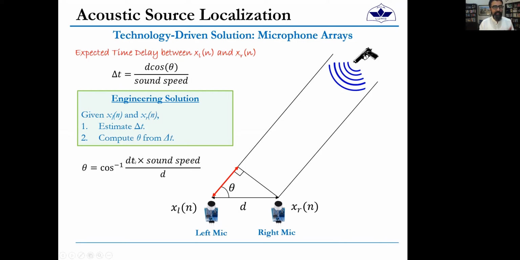So once again, you compute the delay between this stream and this stream, you multiply it by the speed of sound, you divide that by the inter-mic distance, and take the cosine inverse, that gives you theta. Okay? So this is how we do localization.